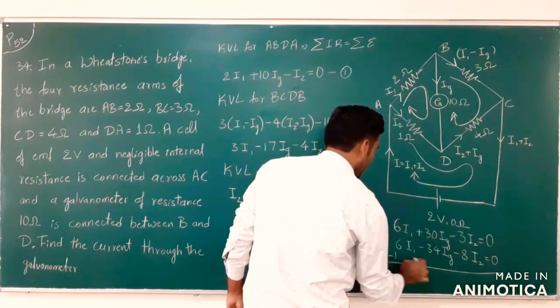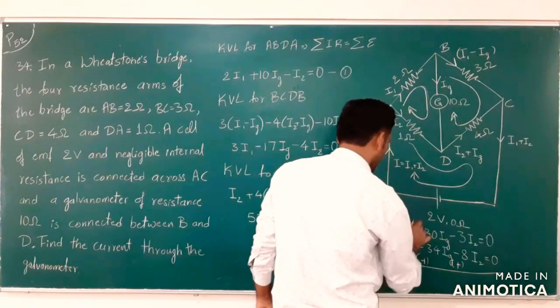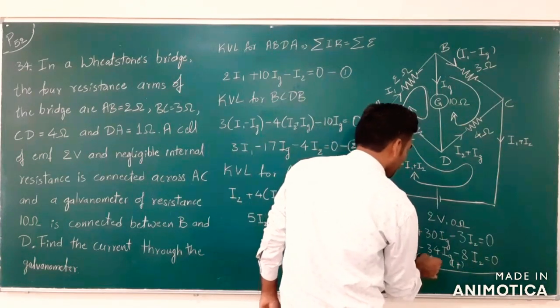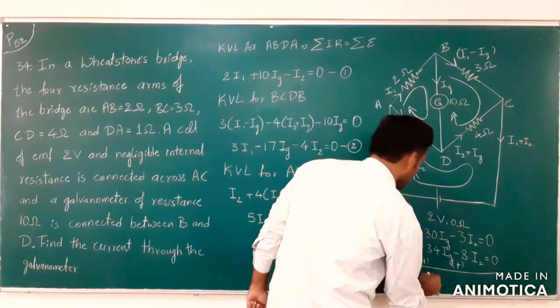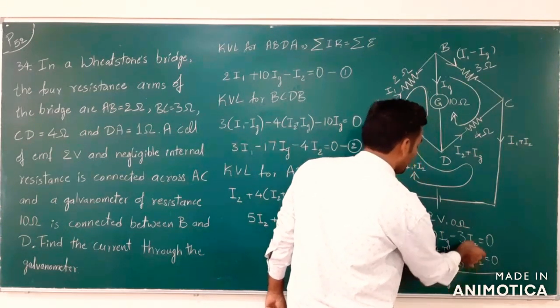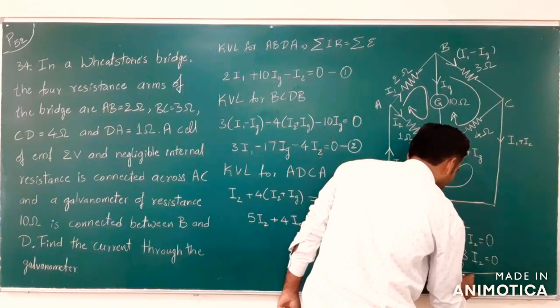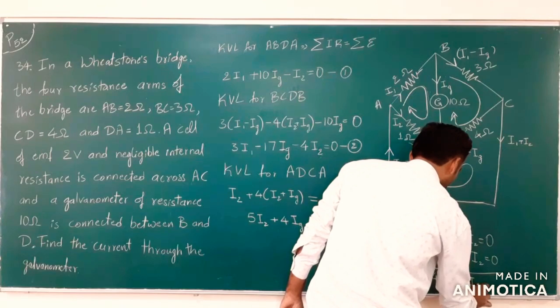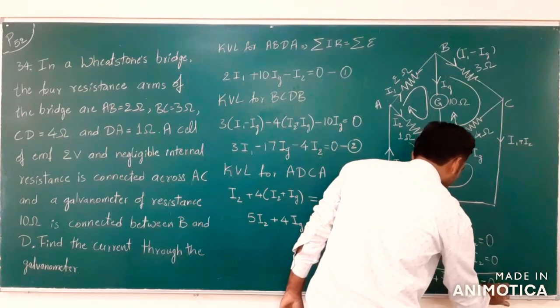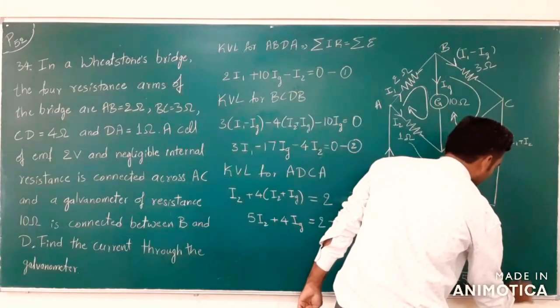Now subtracting them, I1 cancels, plus 34 plus 30, 64Ig plus 8 minus 3 is plus 5I2 is equal to 0. And let me name this equation as equation 4.